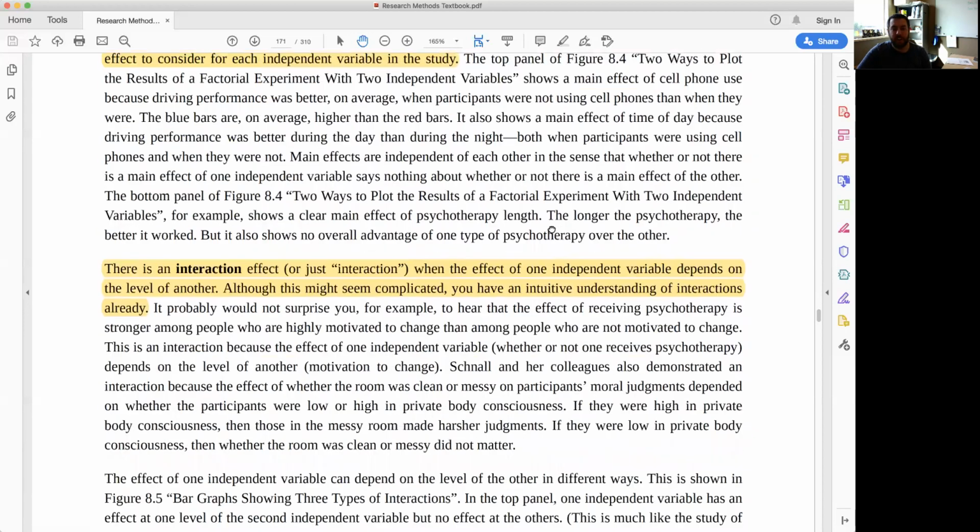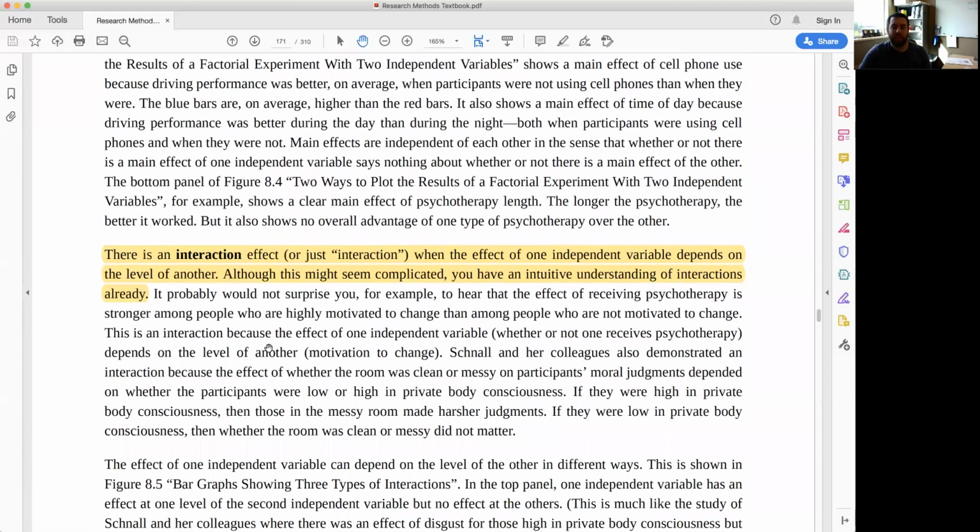We also have something called an interaction. So if you have multiple independent variables, let's just use two independent variables for the sake of ease, you're going to end up with two main effects as well as an interaction. You're going to have a main effect with how your first independent variable relates to whatever your dependent variable is. You're going to have a second main effect for your second independent variable and how that one relates to your dependent variable.